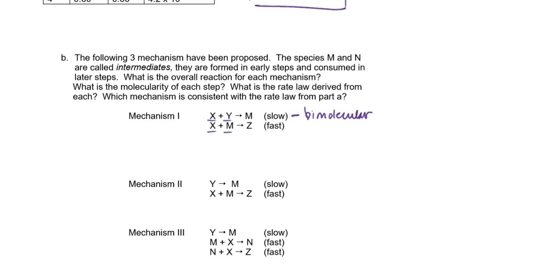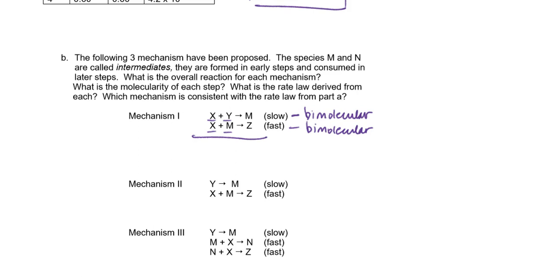Notice that the second elementary reaction in this mechanism also involves two molecules, and so it would also be considered bimolecular. Now, I would also need to figure out whether the reaction mechanism has any intermediates.